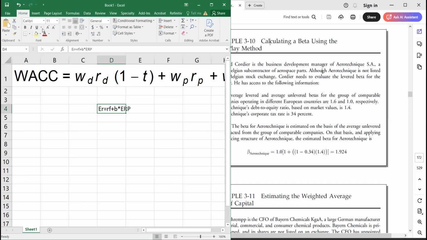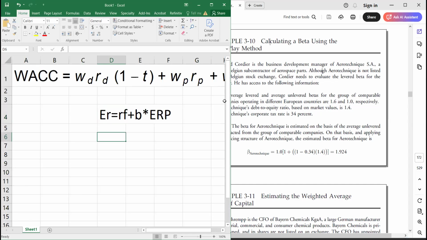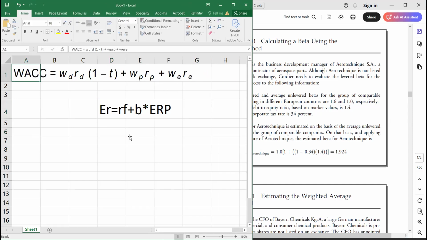That's how we calculate the cost of equity. If all the information is given, it will be a straightforward calculation. You plug the numbers in and get the expected return, the cost of equity. This is what you are actually calculating.